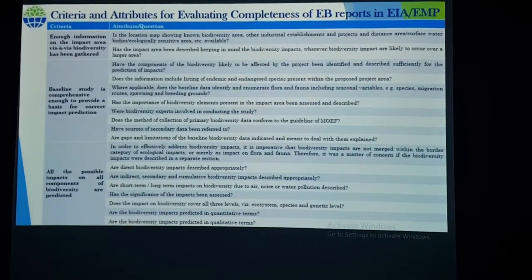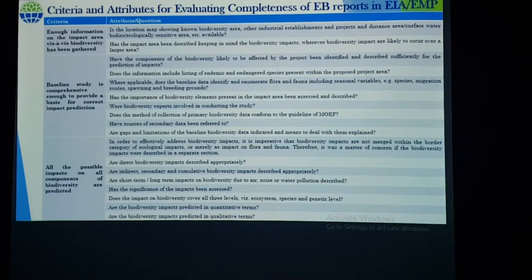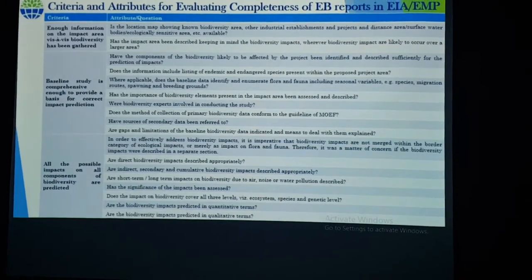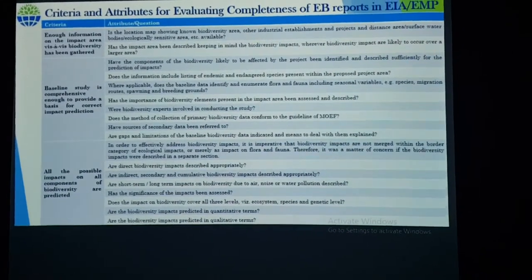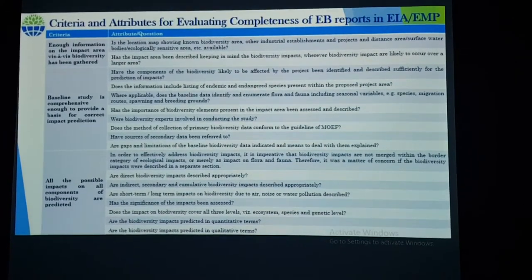And the second question is about information: has the impact area been described keeping in mind the biodiversity impact, wherever biodiversity impacts are likely to occur over a larger area? And in terms of baseline study, is it comprehensive or not?